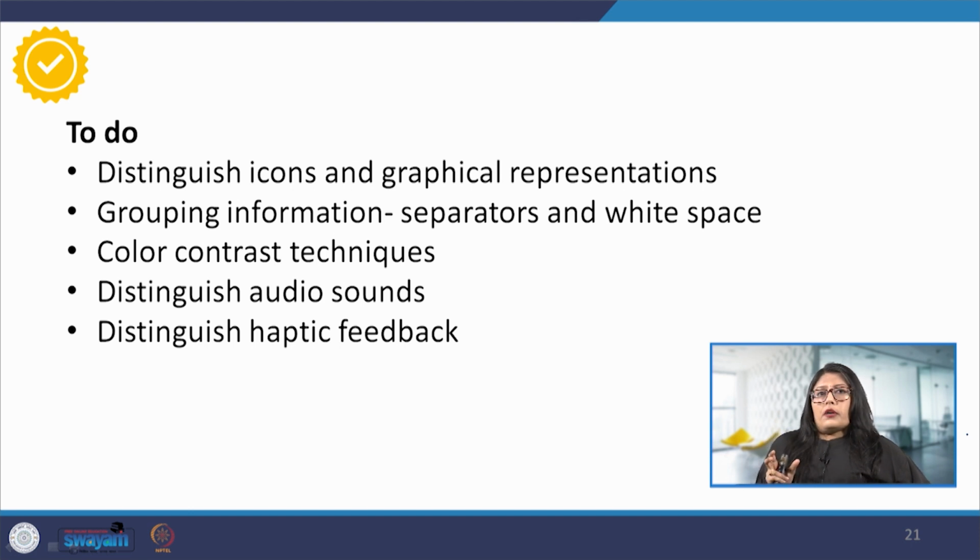How do we group information and use separators, boxes or white spaces, color contrast, how many colors to use, which color should be next to which color.